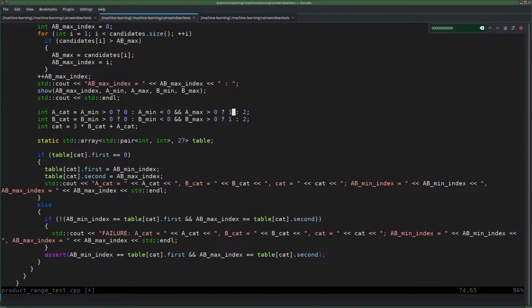So if both are less than 0, then it's category 2. And category 8 would be everything is negative. So yeah, that's there. Yeah, okay.